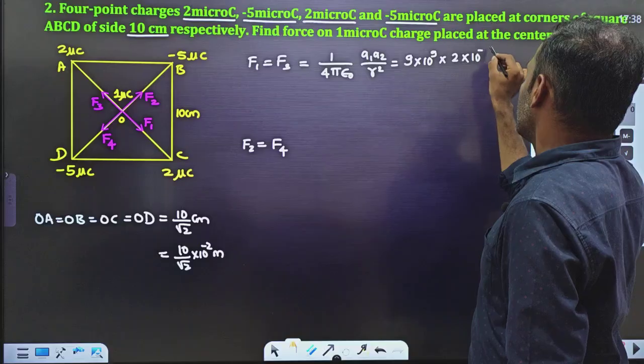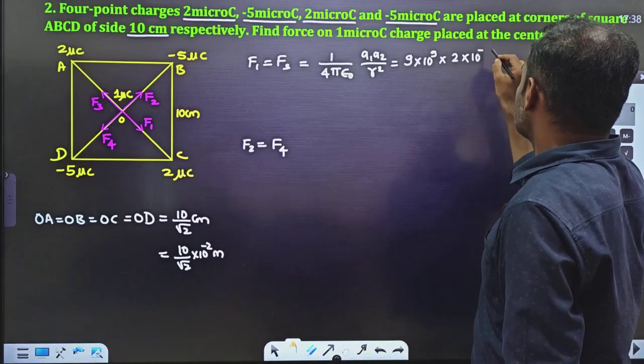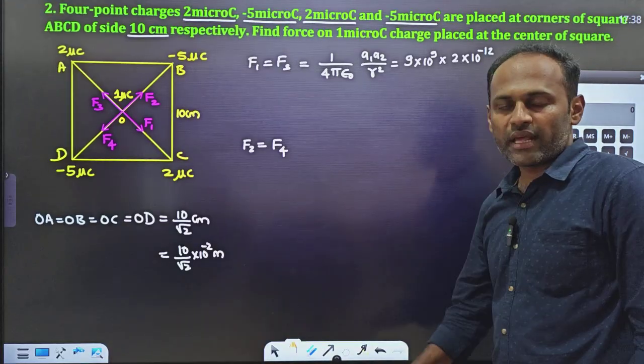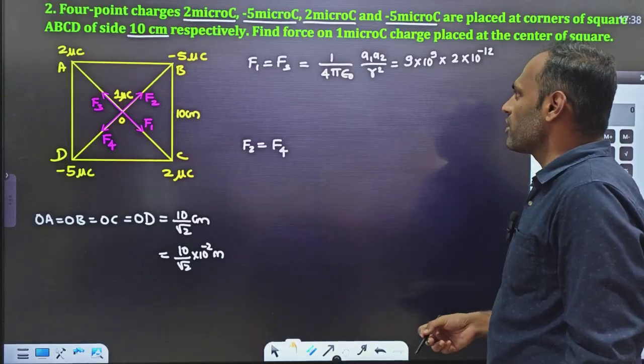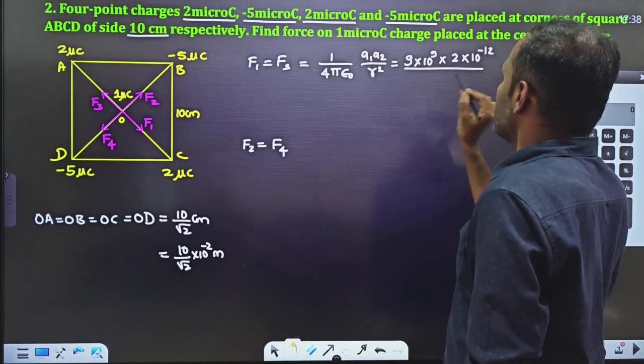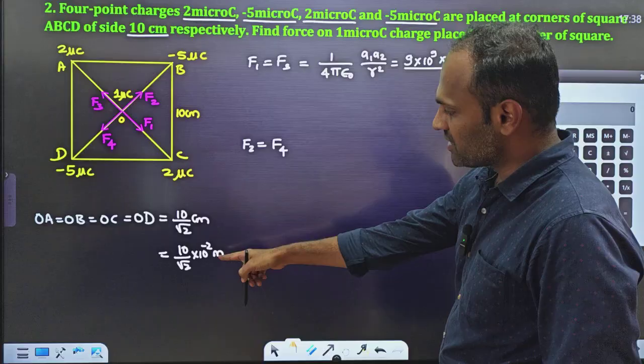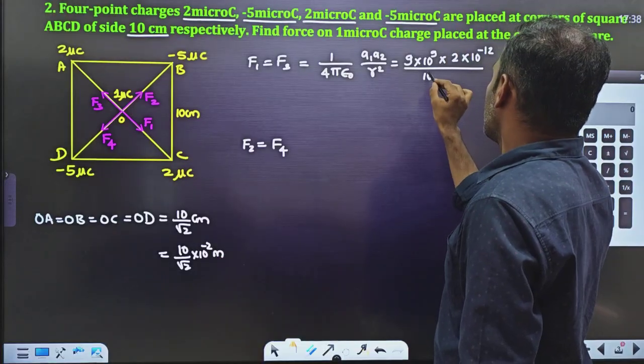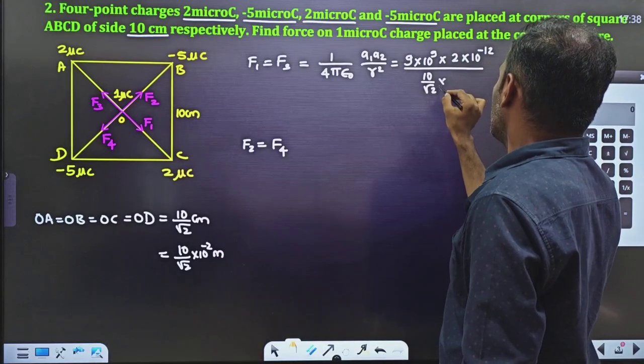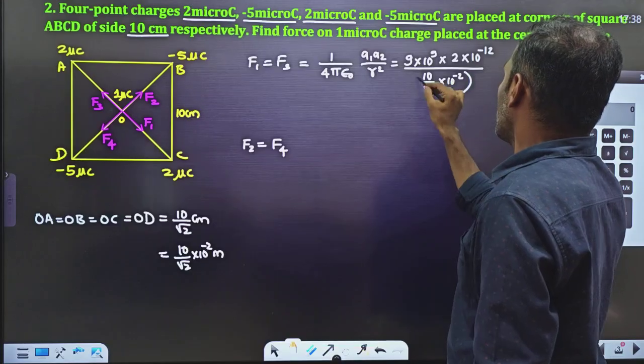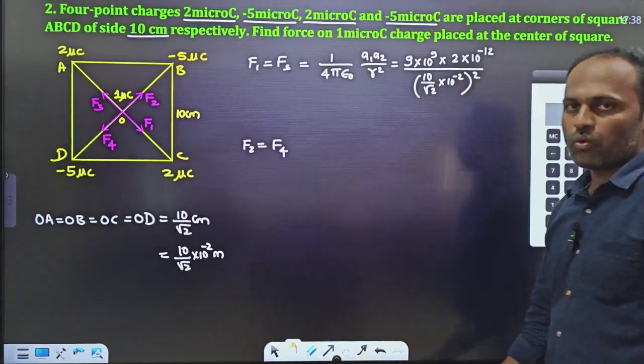Micro into micro, 10 to the power minus 6 into 10 to the power minus 6, will be 10 to the power minus 12. Divided by distance square R. How much is the distance? 10 divided by root 2 into 10 to the power minus 2, whole square.